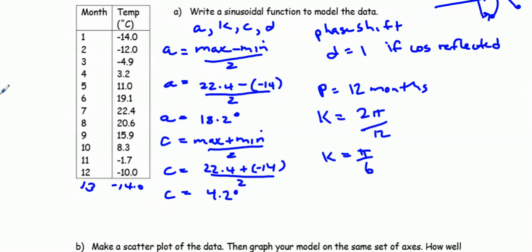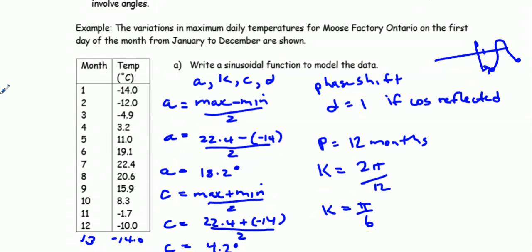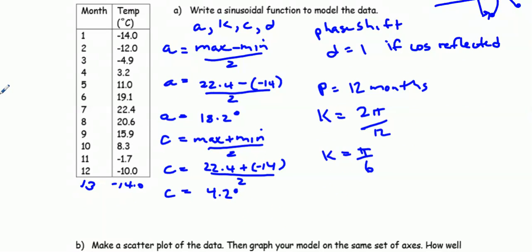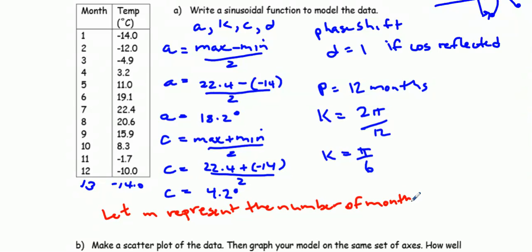Did it tell us the variables? If it didn't, we should probably use some let statements. So I'm going to just say here, let M represent the number of months since December, if you will, because we're starting at 1.